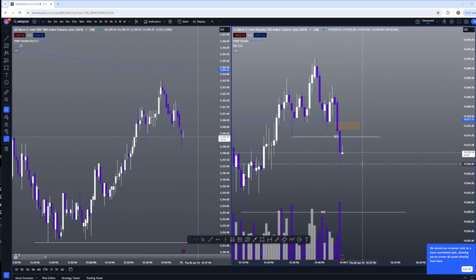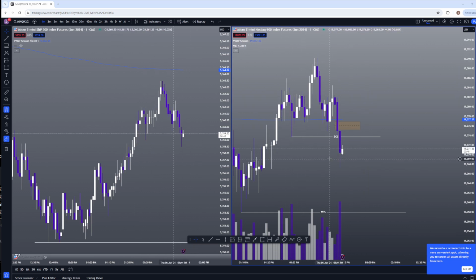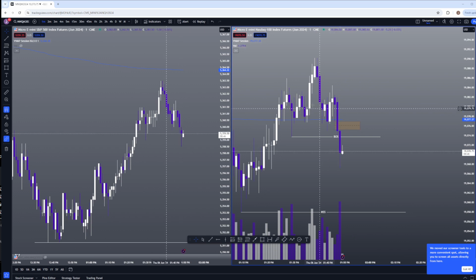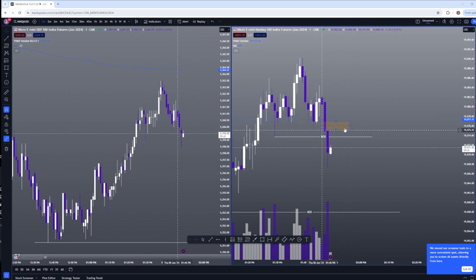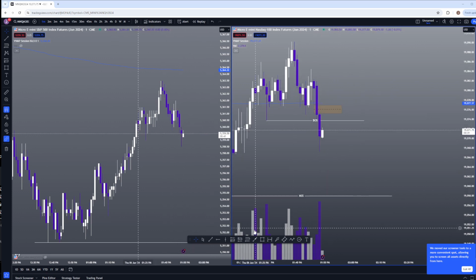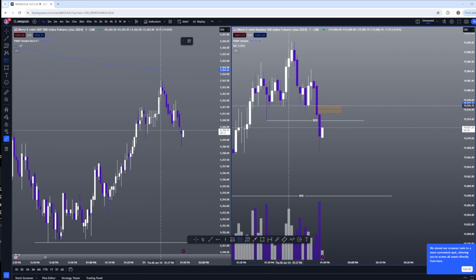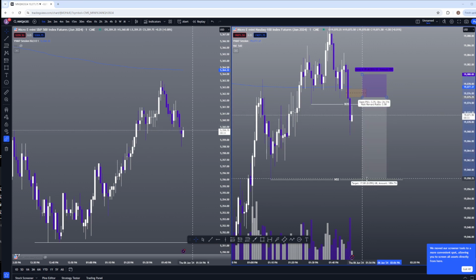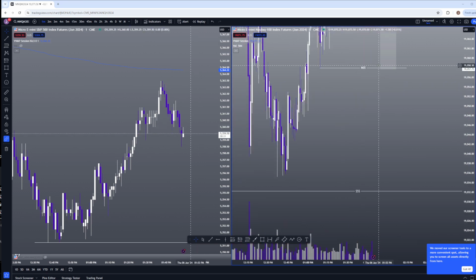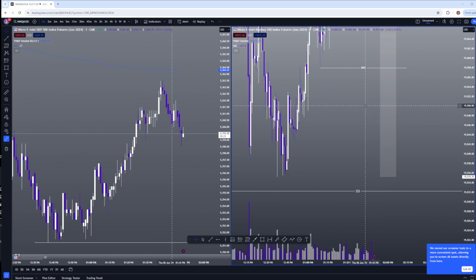Accumulation, manipulation, distribution. Bearish breaker on the 1-minute. Right, so now we go see if we're going to retest that fair value gap, that breaker. Look for a short. Right, and then we're looking to catch it back down to these lows.